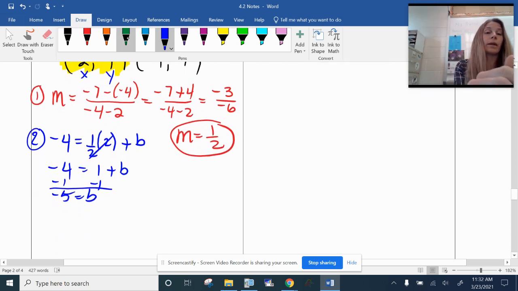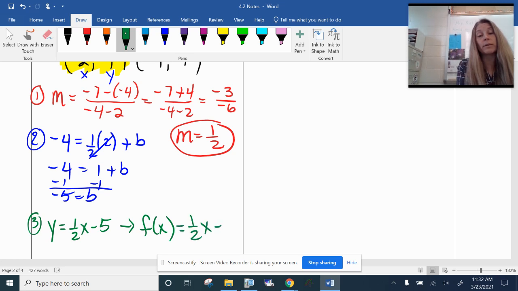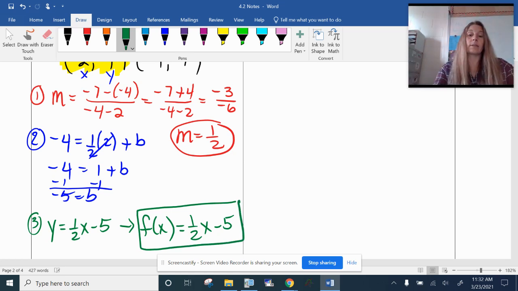And now I can write my answer, which would be y equals 1/2 x minus 5. But remember, we want to put it in that function notation since the original information was given to us in that way. And my answer would be f of x equals 1/2 x minus 5.